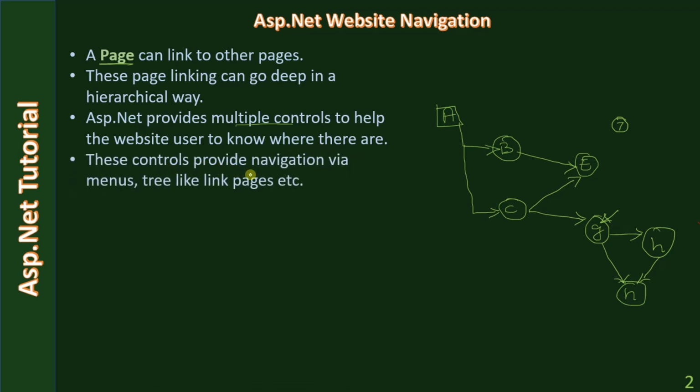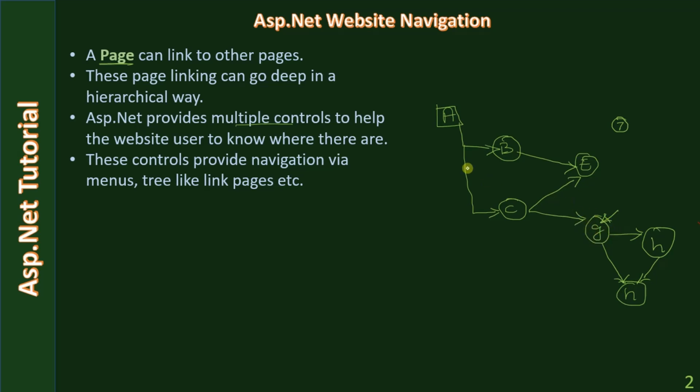These controls provide navigation via menus, tree-like link pages. So you can use menu, tree-like link pages, or you can even use breadcrumbs to say where the user is at present and in which path he or she navigated to the page G.